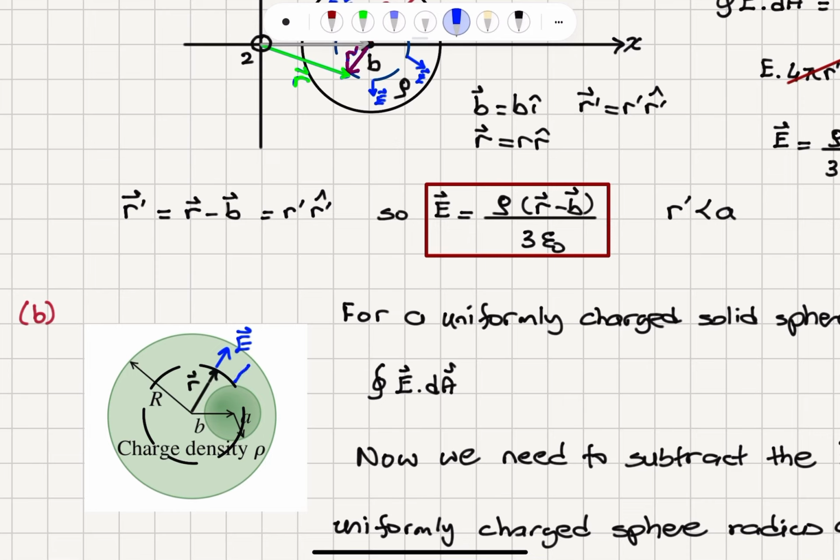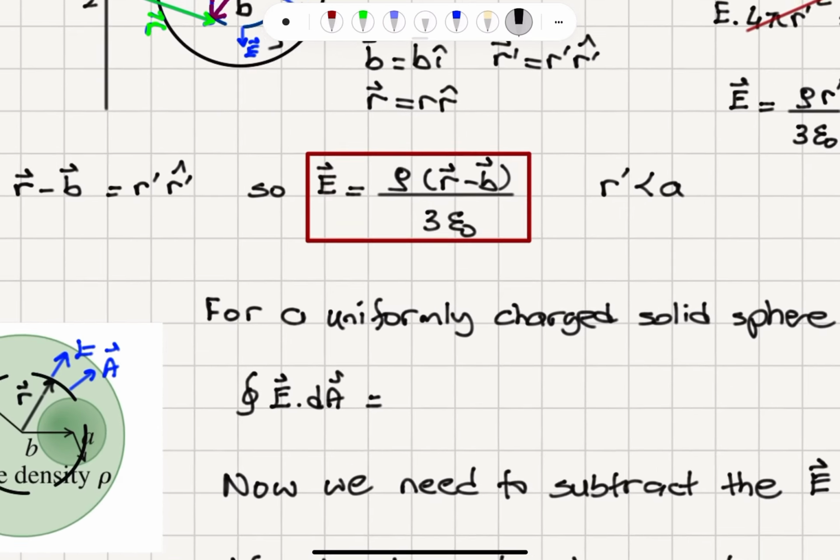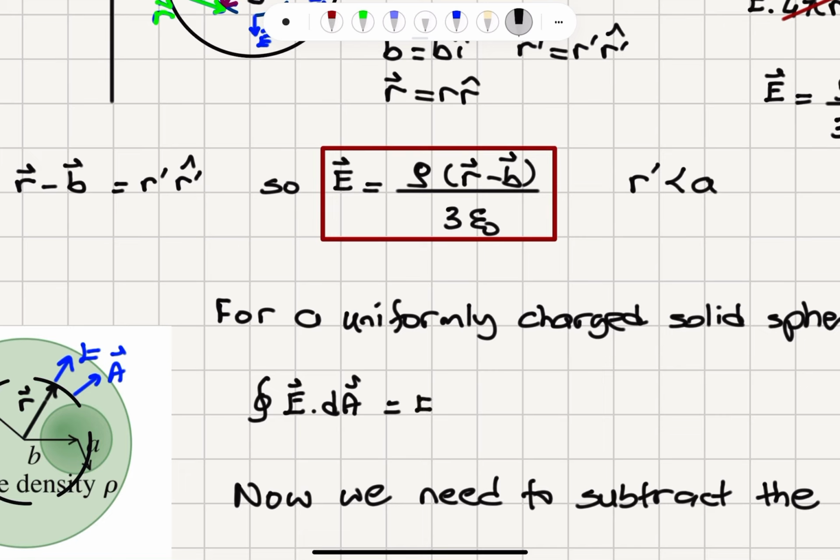If I show an area vector here, this is going to be in the radially outward direction, and the electric field only depends on r. So Gauss's law states that the electric field magnitude is a constant on the surface, and the area is 4 pi r squared for this Gaussian surface, and this must be equal to the charge enclosed, q in, divided by epsilon 0.